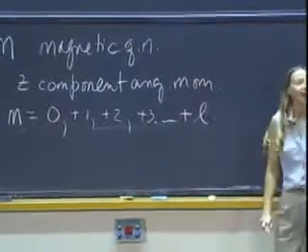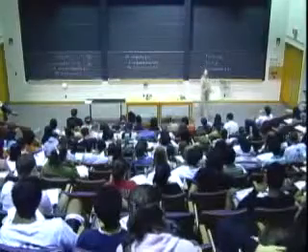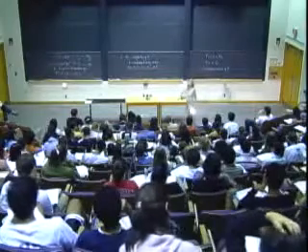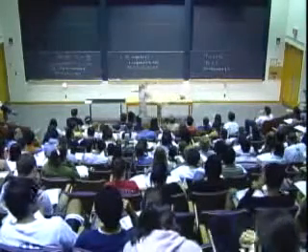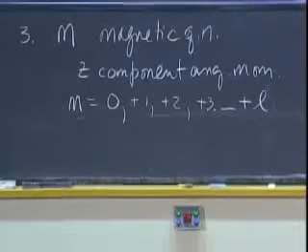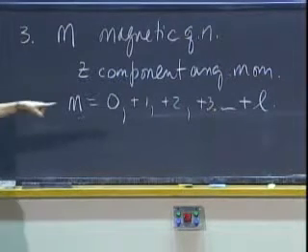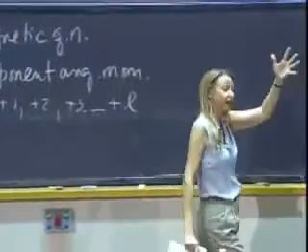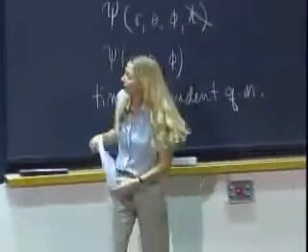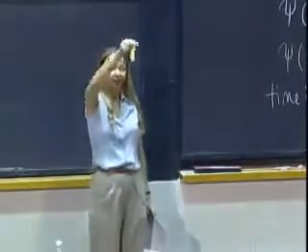Right. And again, m is tied to L. It can't be larger than L, because if it were, you would have more angular momentum in the z component than you had total angular momentum, and that's a no-no. So the largest value you can have is L. But since this is a z component, we've got some direction.